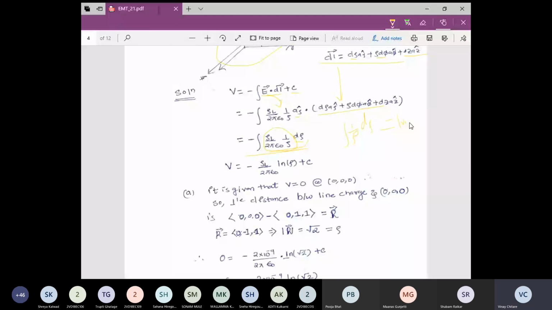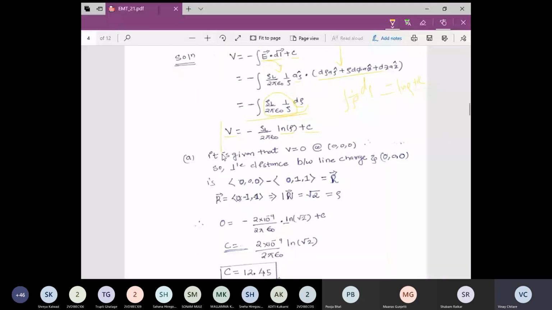So now I can write V equal to minus rho_L by 2 pi epsilon ln rho plus c. In this problem we have derived this.